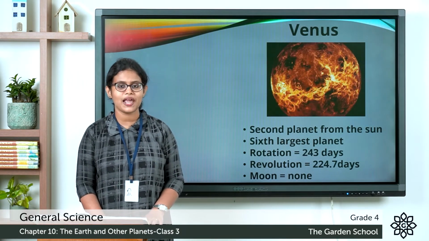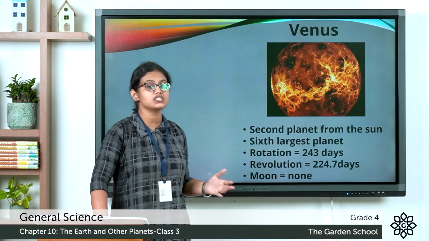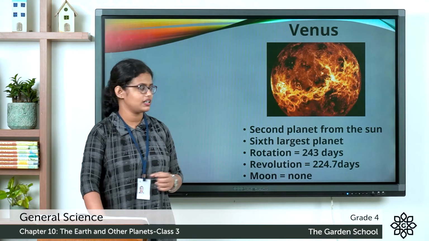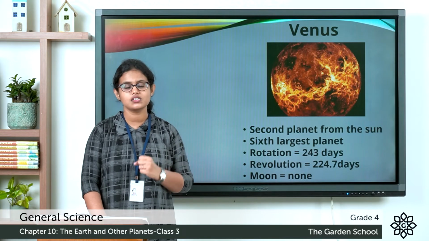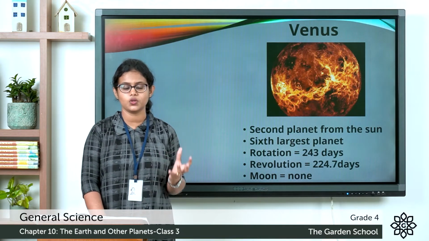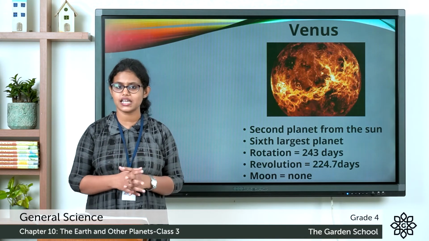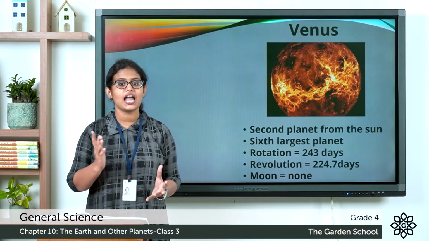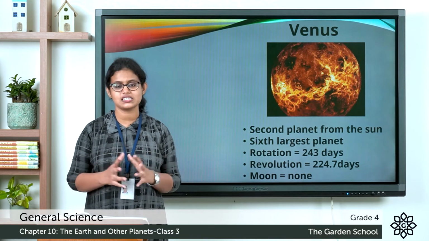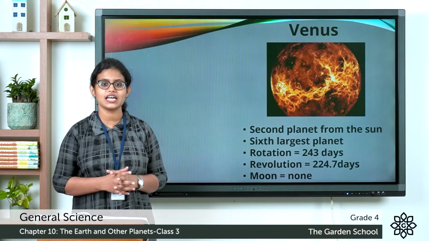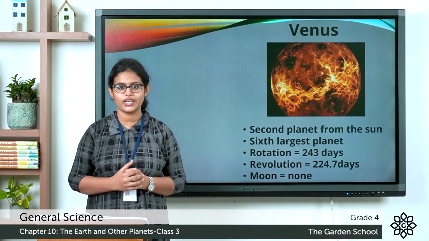So which is the next planet? That is Venus. Venus is the second planet from the sun and it is the 6th largest planet in our solar system. Venus and the Earth look almost the same in size, so we call it Earth's twin.